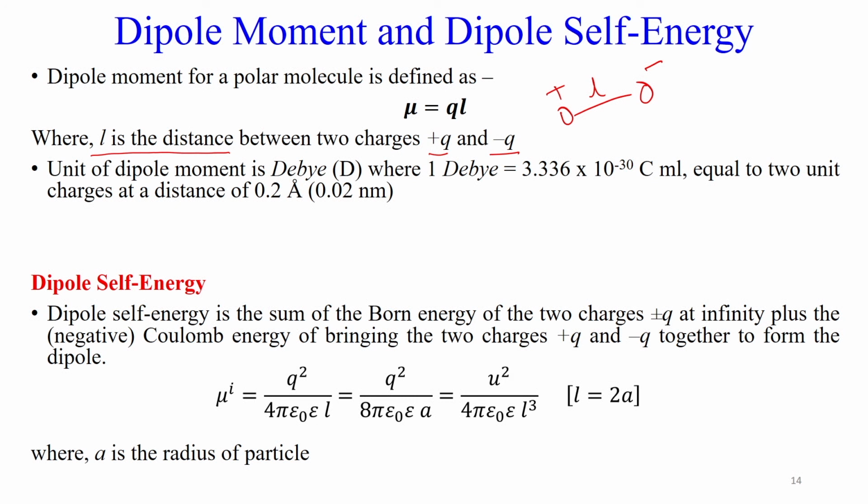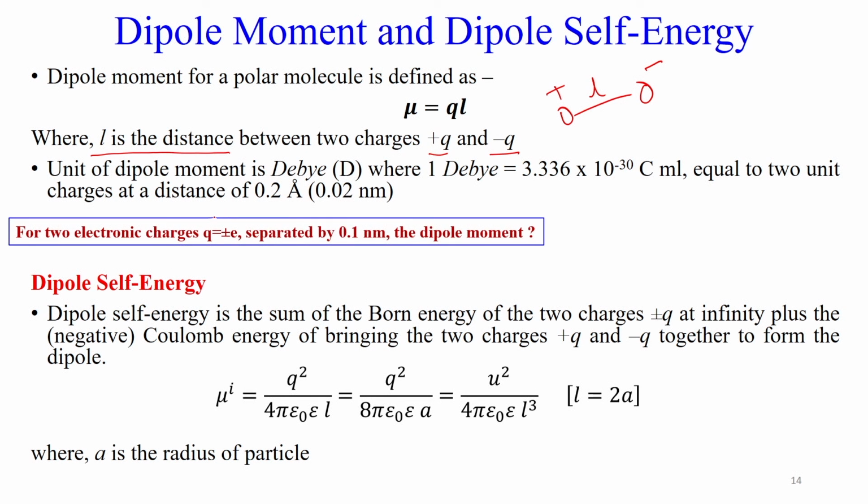So, if you are having, let us say, two molecules each having one electron charge, separated by L of 1 nanometer, we can simply calculate that the dipole moment will be e, the electron charge, into the distance. We can calculate in meters, and it comes out to be 1.6 into 10 to the power minus 29 coulomb meter. Typically, the dipole is reported in terms of Debye.